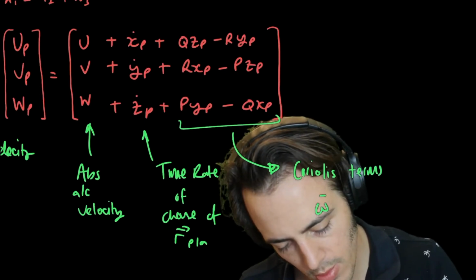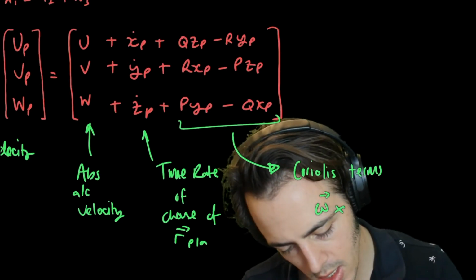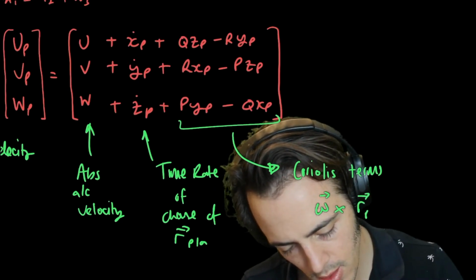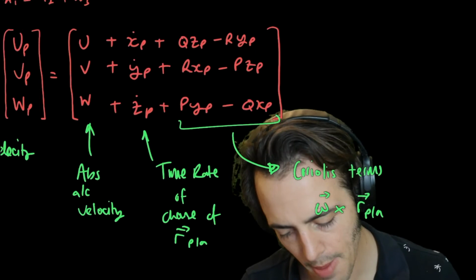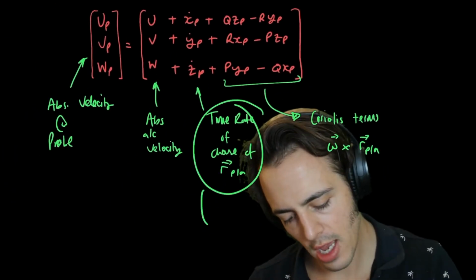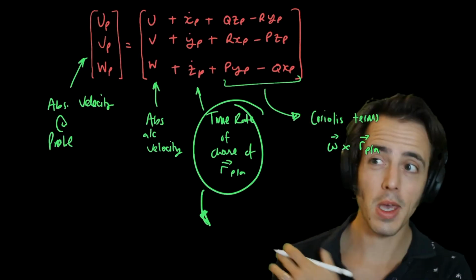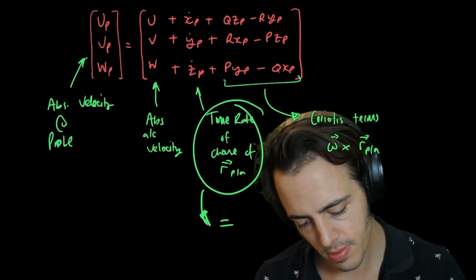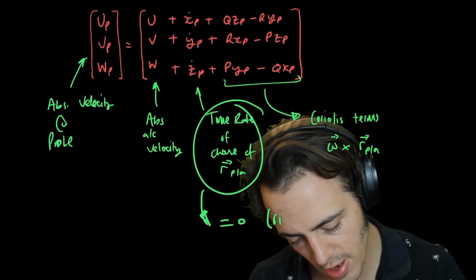And this comes from the cross product of omega crossed with RP on A. Okay, so this time rate of change, if we're in flight mechanics, we can assume that all of this is 0 because we have a rigid aircraft.